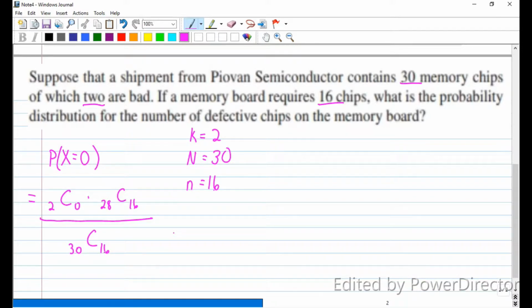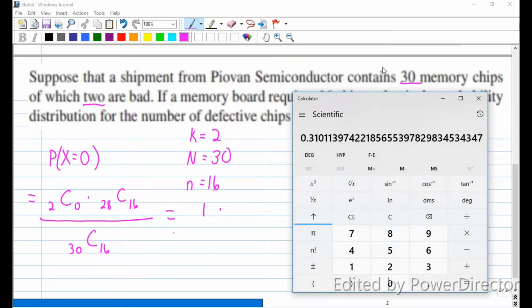Now, if you're not using a calculator and you're doing it by hand, these are some pretty big numbers that you're going to be getting. 2 C 0, I know that's just 1. So that's not hard. It's this 28 C 16 that's going to be a pretty big number.